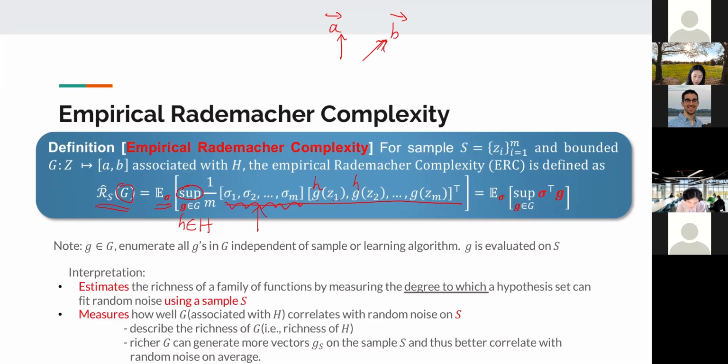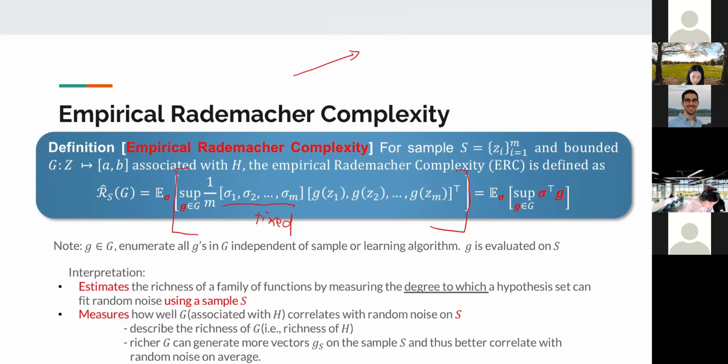For example, I think one example might make things better. Within the square bracket here, you're looking at a fixed sigma 1 to sigma m, right? So this is fixed within the bracket. Now for the fixed sigma, you know what the direction is. So it's going to be this direction, let's say.